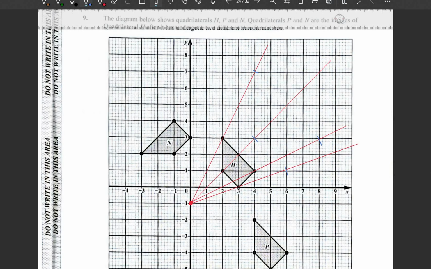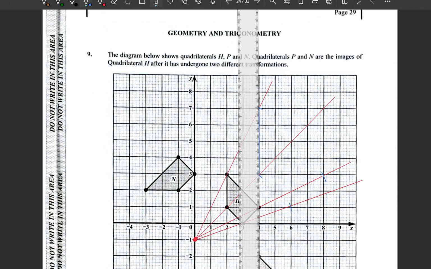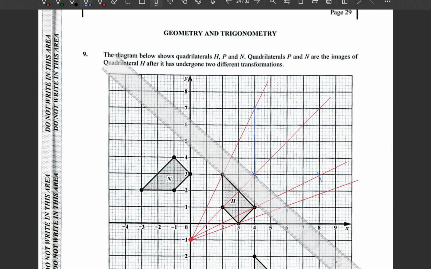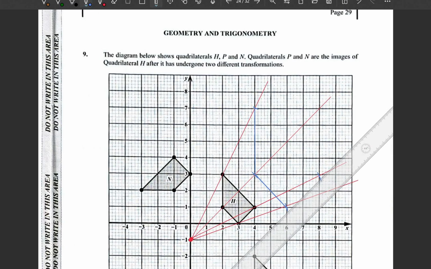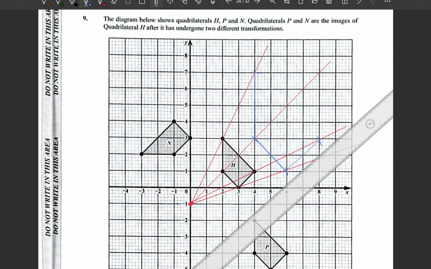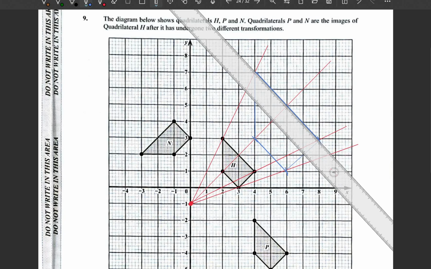So let's draw now the image. We'll connect the points together. Right, and that will be our image.